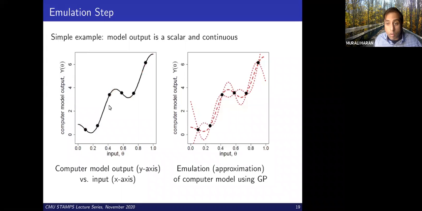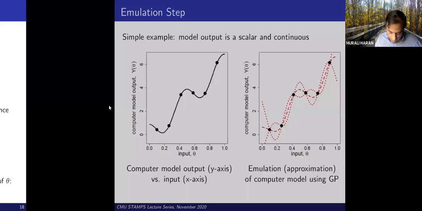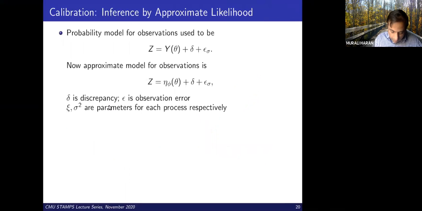What that allows you to do is to have this approximate model. Previously the original model looked like this: your observation was your computer model plus some discrepancy plus some measurement error. Now the approximate model for the observations looks like what we had before, but the computer model has been replaced by an approximation.